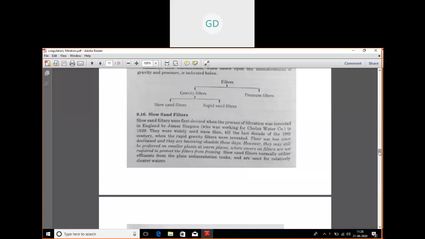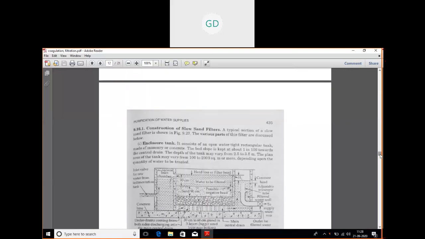So basically the constructional details, you can write as your assignment. Constructional details of slow sand filters and also rapid sand filters, you can write in your copy.